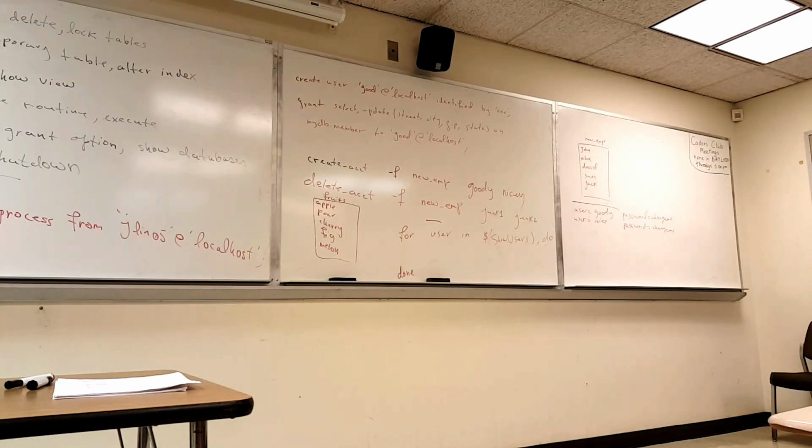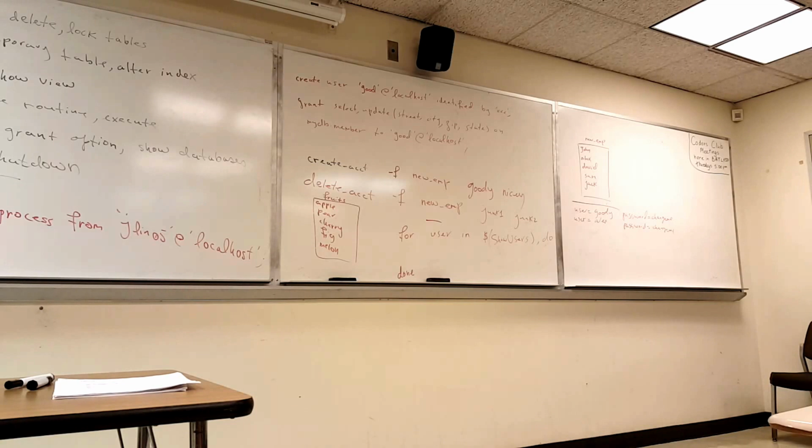If, okay, how can I check if a variable is empty or not? Dash z or? Dash z means empty, dash n means not empty. Okay? Very easy you could say.